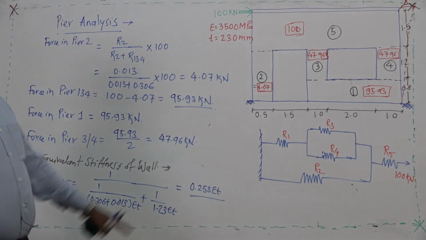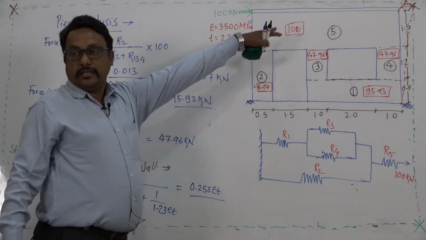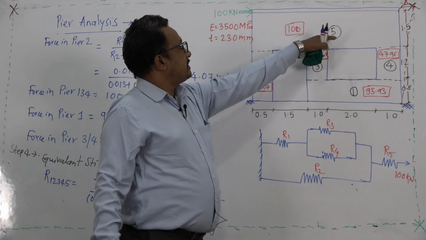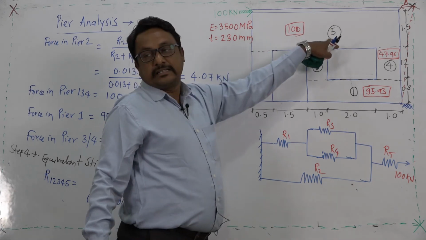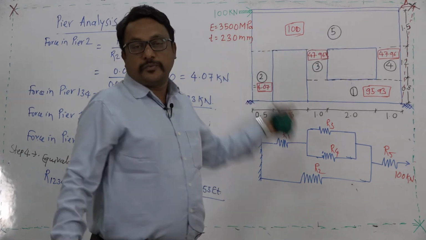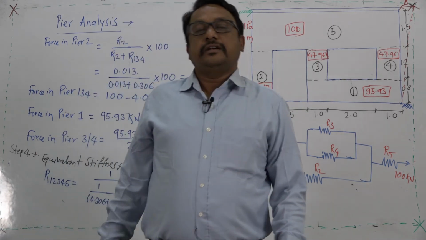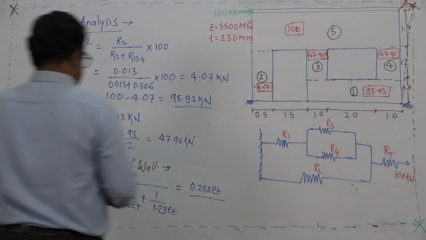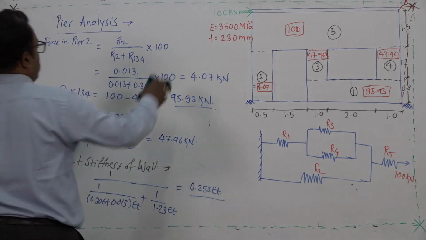Why am I writing these values in the equivalent pier designation or pier nomenclature? The meaning is I can compute the structural entities like shear force and bending moment anytime. So, we got the value of equivalent stiffness of wall.